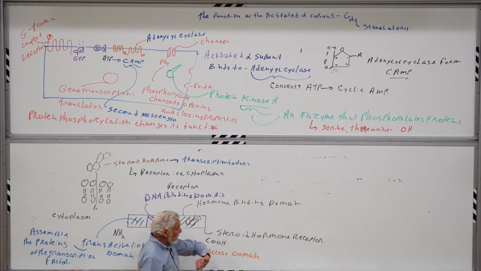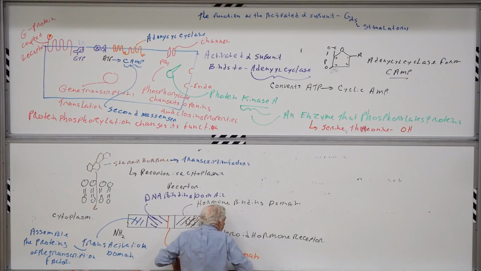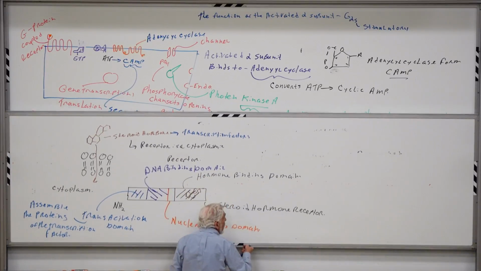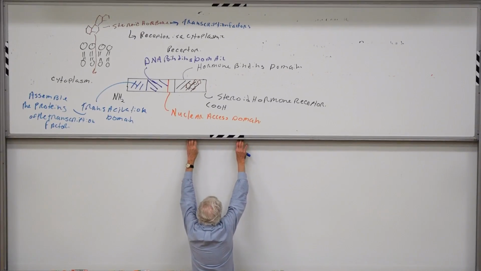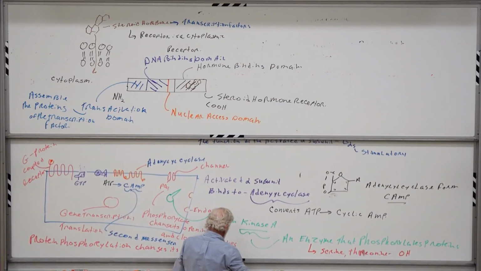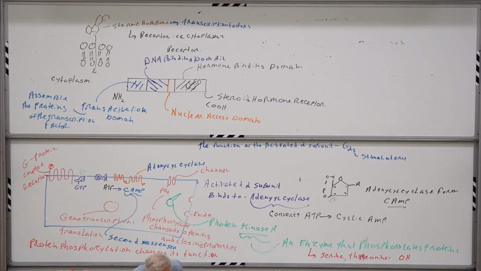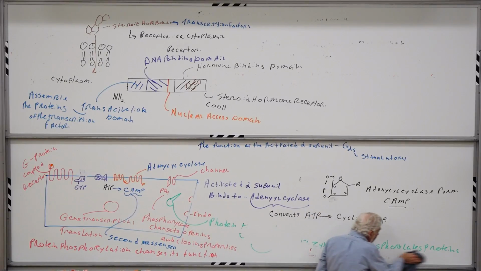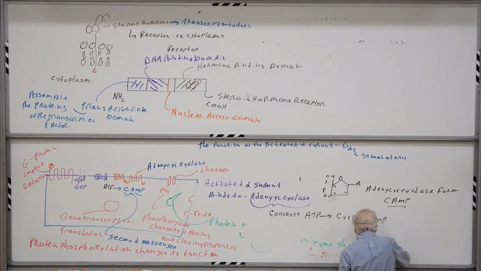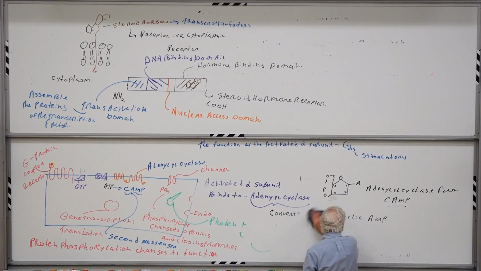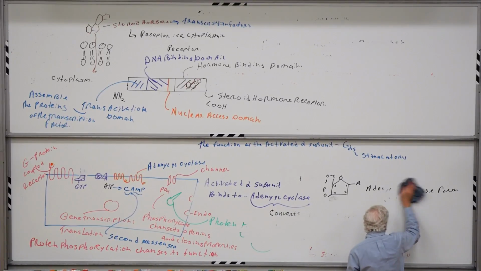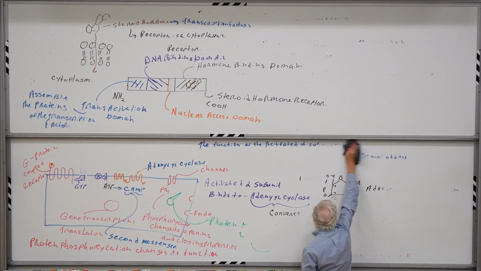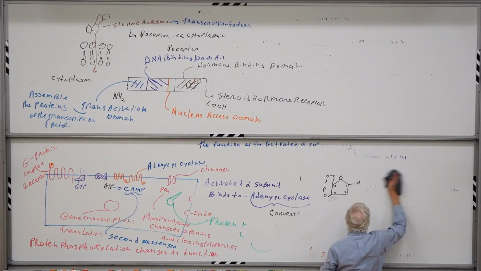Now, in the last few minutes, let me talk about the hypothalamic pituitary axis. The hypothalamic pituitary axis is going to include the hypothalamus, which is part of the brain, the anterior pituitary, and the posterior pituitary.